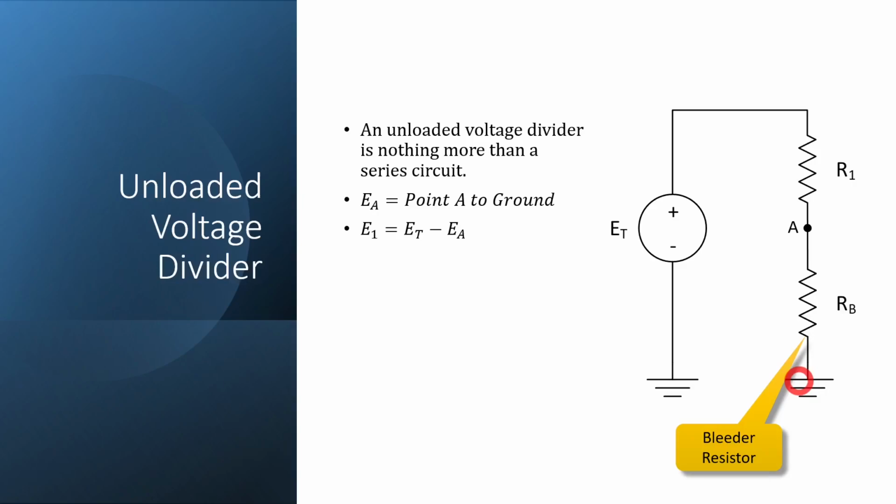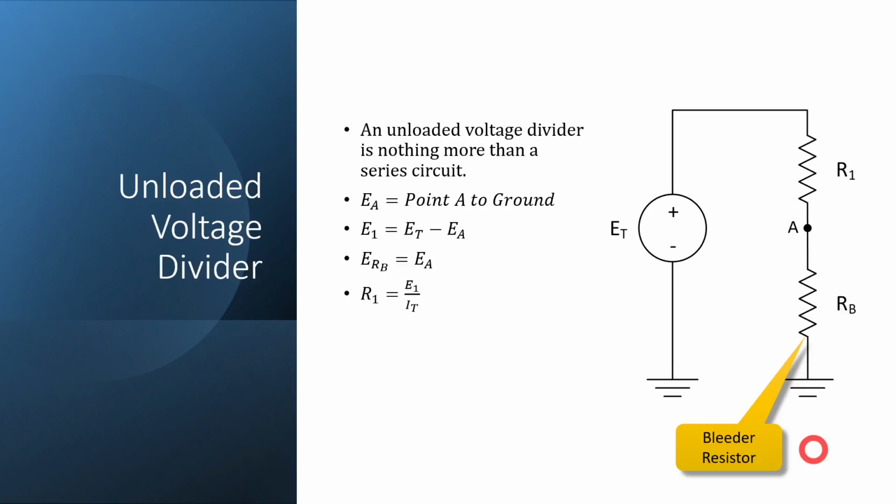But we're going to go ahead and start the practice of calling that R sub B here in this particular circuit. Okay, so the E sub RB is equal to E sub A, because from here to ground is nothing more than measuring across this resistor. We just showed that with the voltmeter. And so E sub RB equals that A to ground measurement.